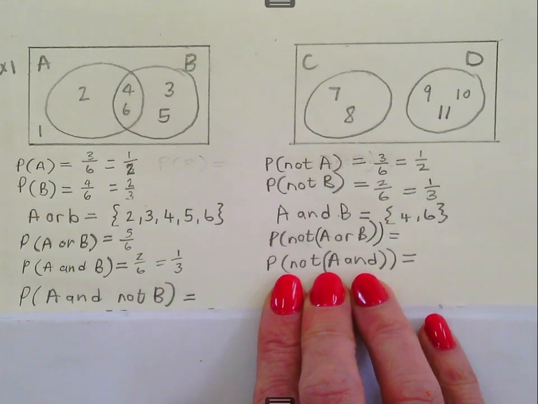So look at what this question asks. It wants the probability of A and not B. Okay? A and not B. So it must be true for both. Now, if I can give you advice for this, take them one at a time.